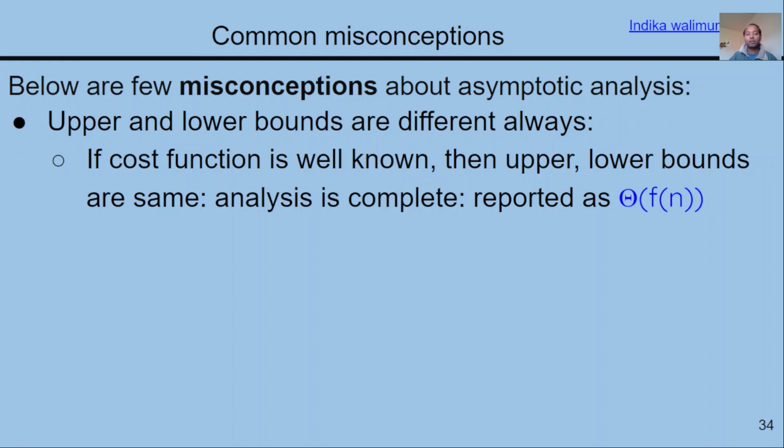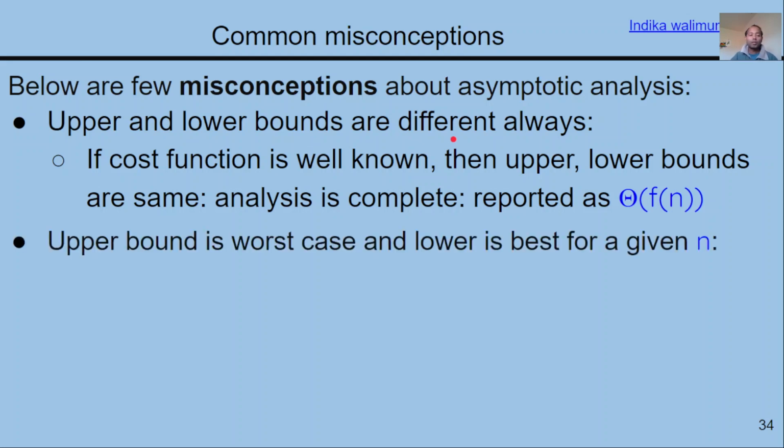That's the most important thing here. If that is well known, like for example, we were talking about 2 times n to the power 2, that's a well known one. Then the upper and lower bounds are the same, and we report it as big-Theta of f(n). So it's not different always.